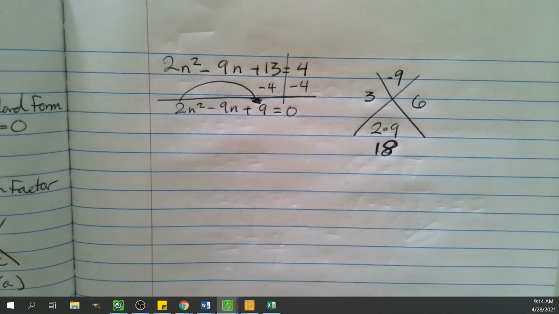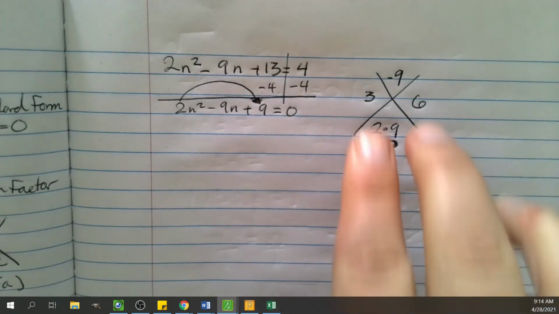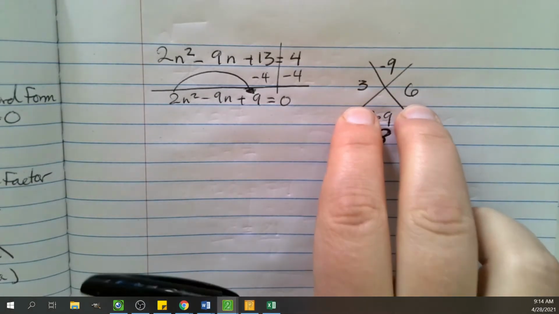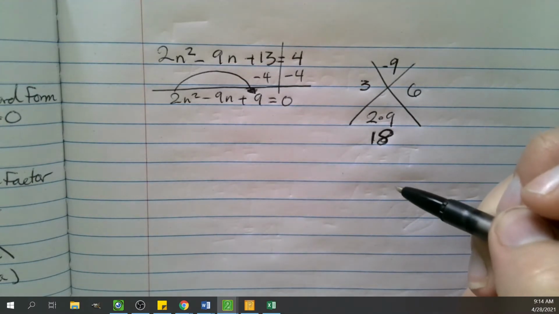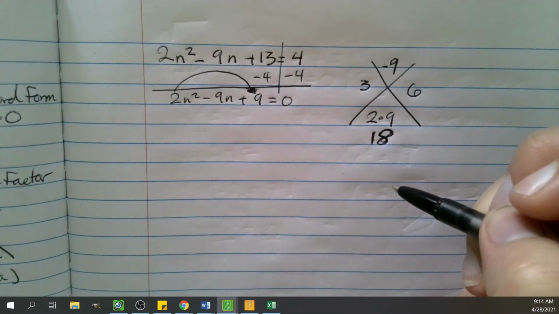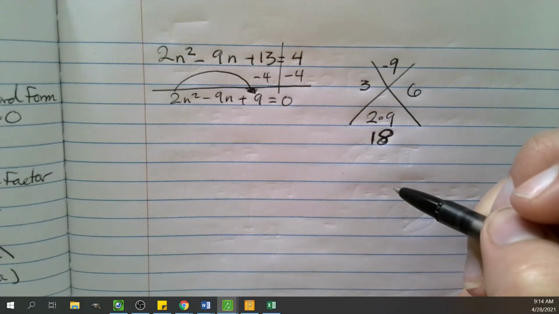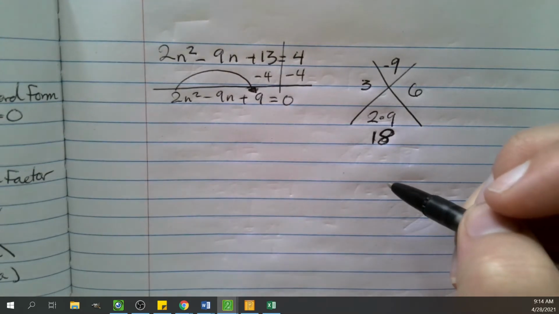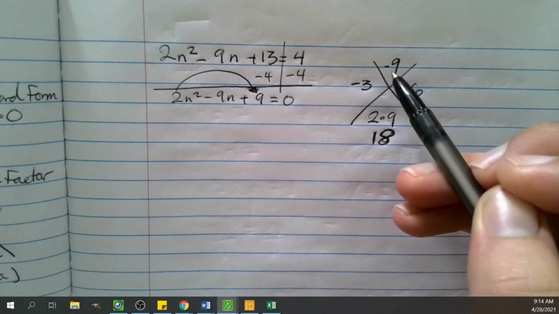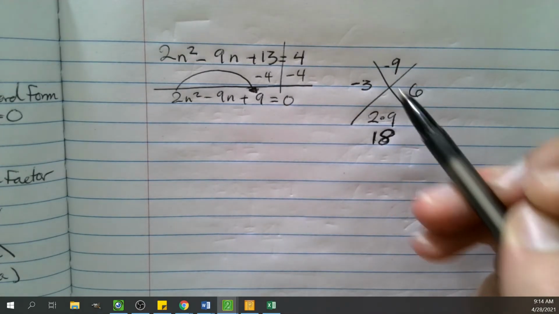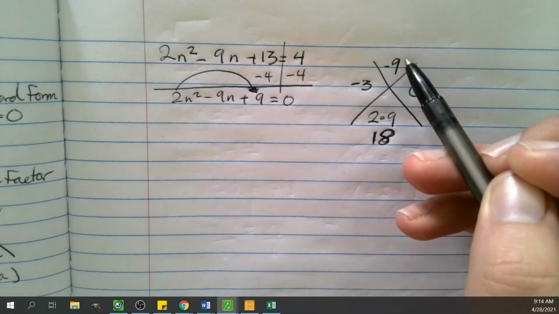Moses, can you help him out on the signs? Do those need to be positive, negative, 1 positive, 1 negative? What do they need to be? Which one's going to be negative? The what? The 3 could be negative, yeah. Does that add to negative 9 now? That's 6 take away 3, right?